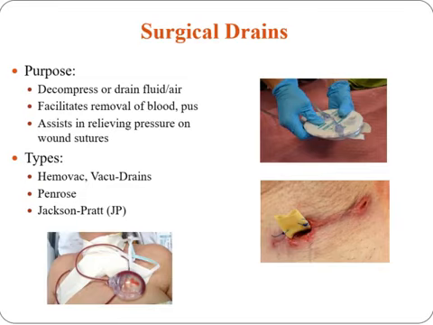So it decompresses or drains the fluid and air, helps get rid of that blood, pus, depending on the type of drain, and it helps to relieve pressure on the sutures. Because if you have a lot of swelling and blood formation, it's going to pop those sutures. So there's different types of drains.